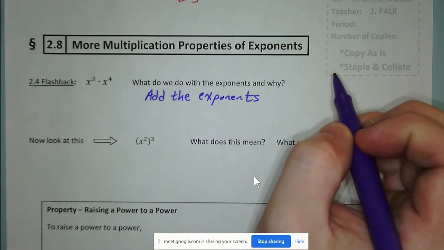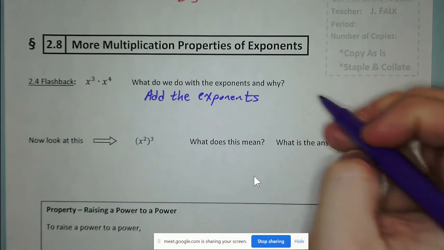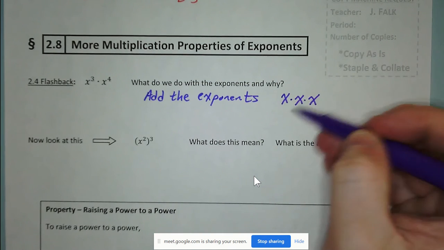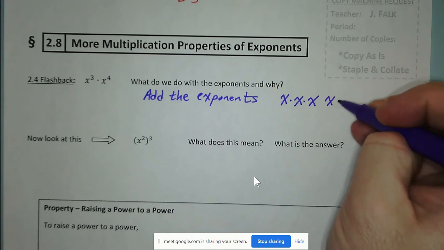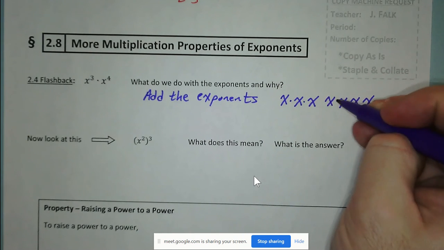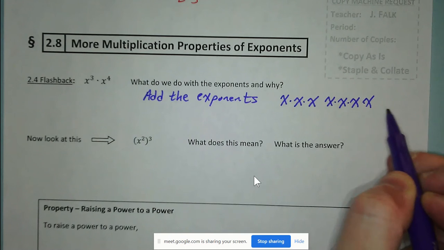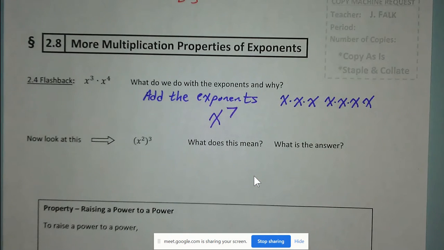I don't know if we ever wrote this all out, but x to the third power literally means x times x times x. And then x to the fourth power is x times x times x times x. When you think about all of this together, that's now just x to the seventh.